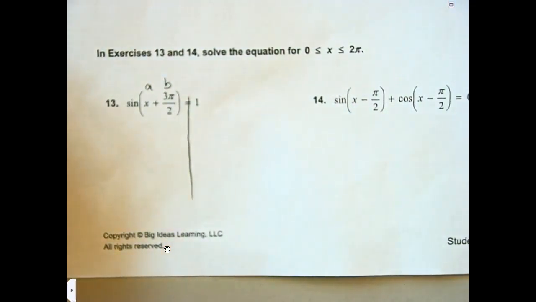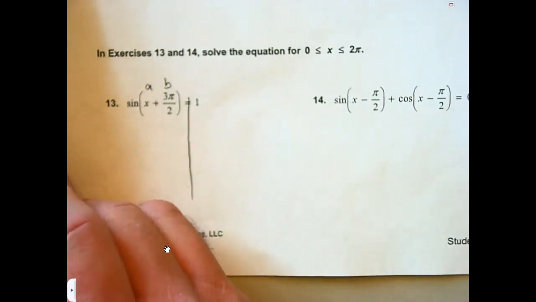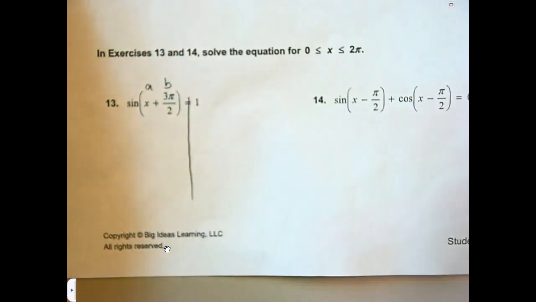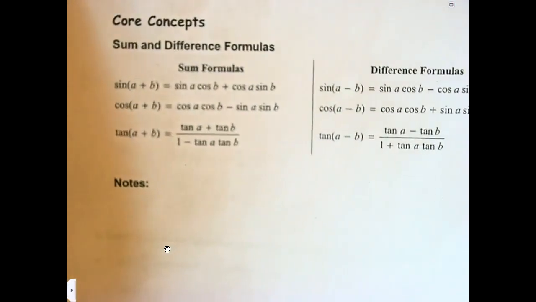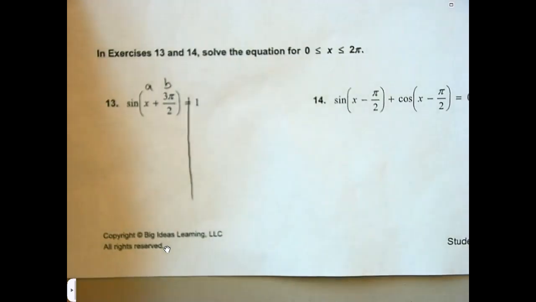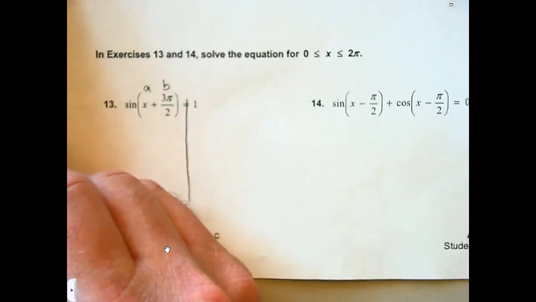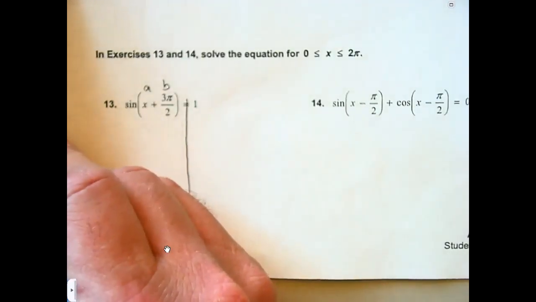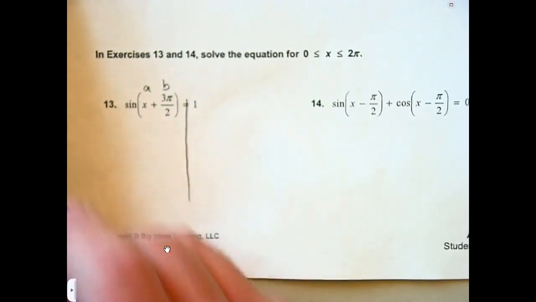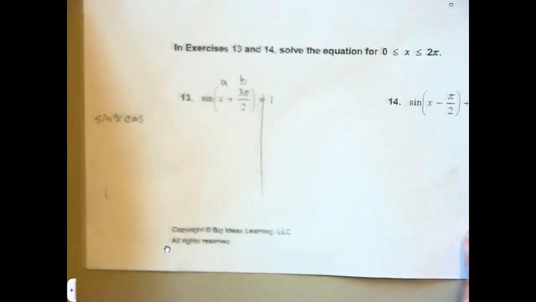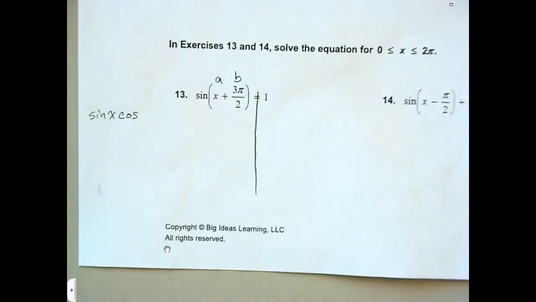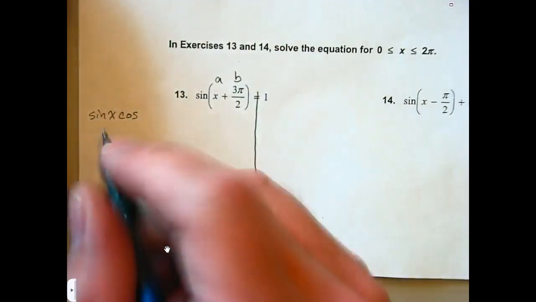Once again, we're applying our formulas from the previous page. We're dealing with our sum and difference formulas there, right? So in this case, we have the a plus b. So that is sine of a, or x. Okay.